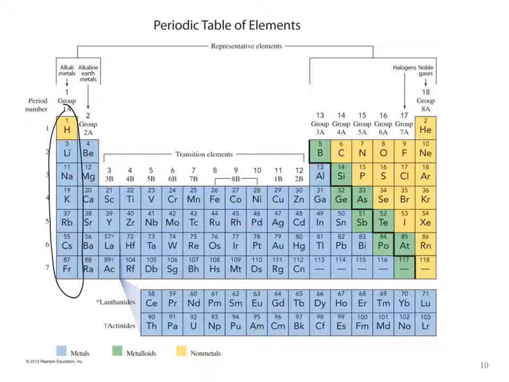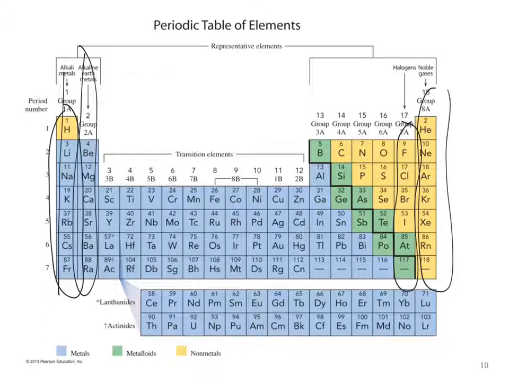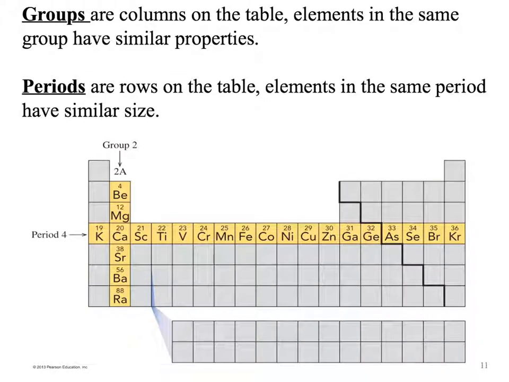For example, group 1 is the group of the alkali metals. This group is the alkaline earth metals. This group over here is the halogens, and this one over here is the noble gases. Groups are the columns on the table, and they have very similar properties.